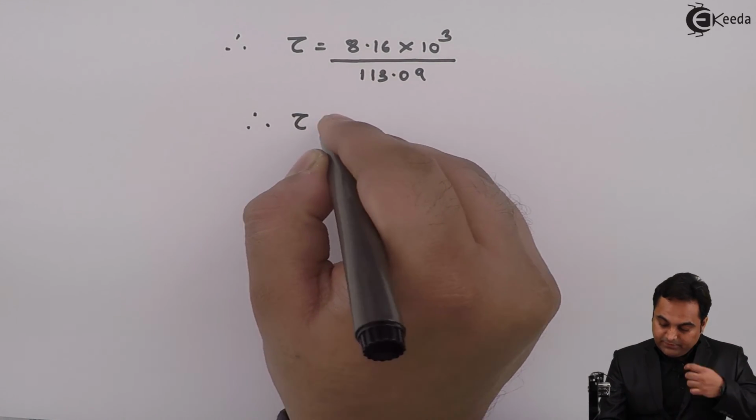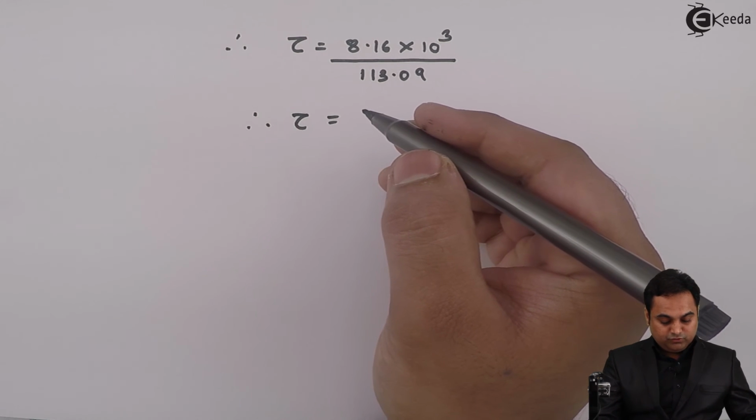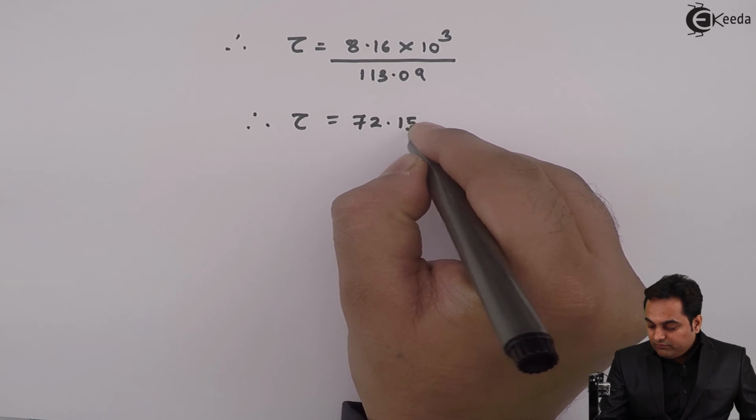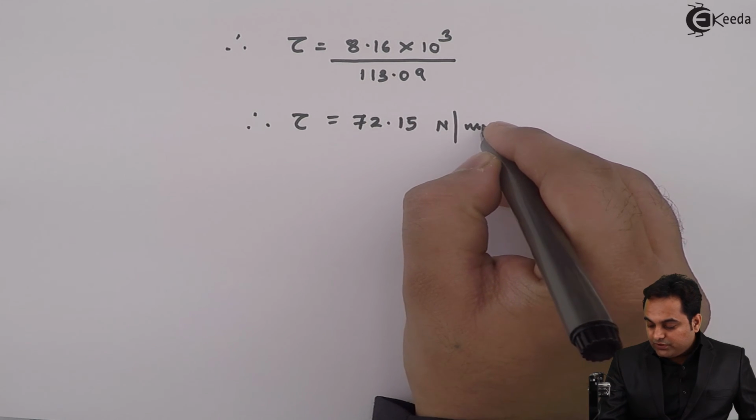So from this I will be getting the value of shear stress, which comes out to be 72.15 Newton per mm square.